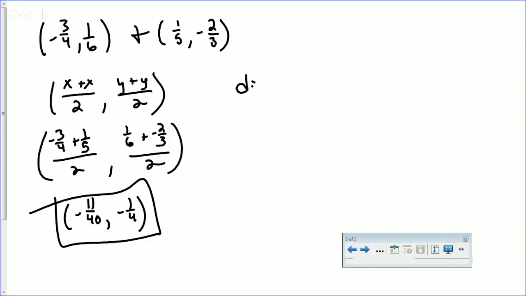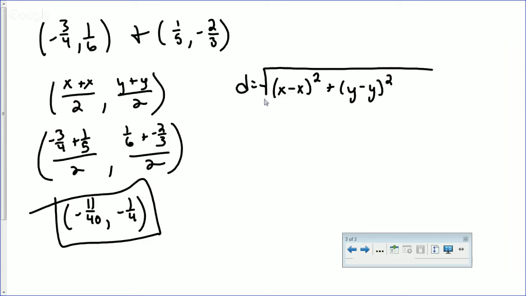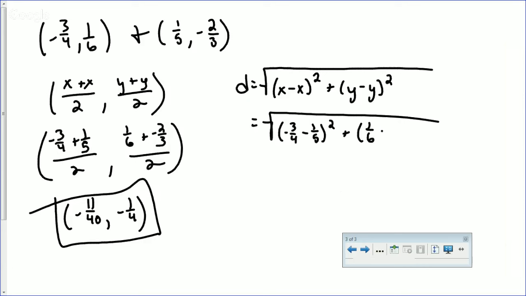The distance formula, which both of these are on the formula sheet that you get, is using the Pythagorean theorem and finding the distances between your x's and your y's. So you'll just subtract the two, going in the same direction. Okay, so -3/4 minus 1/5 squared plus 1/6 minus -2/3 squared.